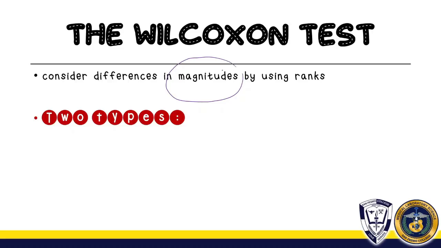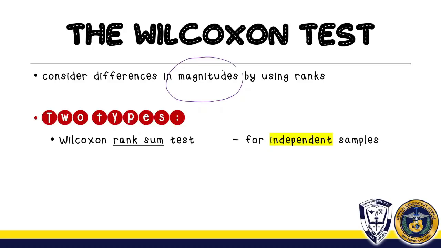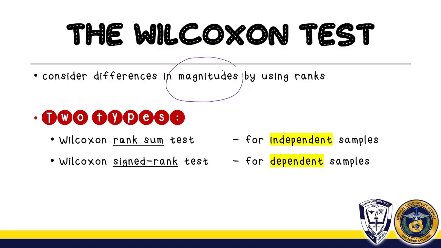But with Wilcoxon, other than the difference, it will also present to you how great that difference is, by still using your ranks. And there are actually two types of Wilcoxon test. You have your Wilcoxon rank sum test and you have your signed rank test. So be careful with the name. One is rank sum, the other is signed rank.